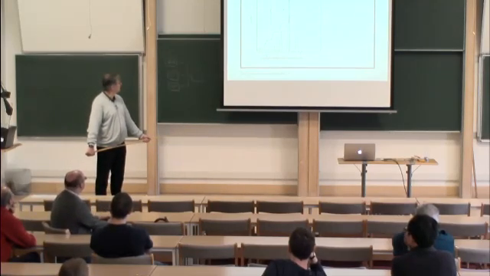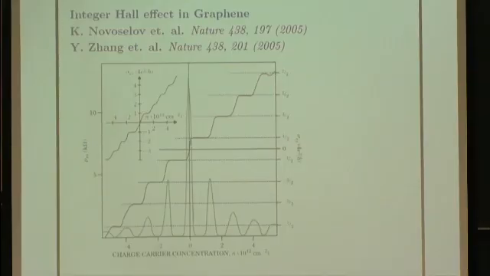So the experiments that really got the attention of people were the so-called anomalous Hall effect, which were done about a year after the stuff was made, and published in back-to-back papers in Nature. This was the Manchester group and the Columbia group, and they saw two remarkable things.